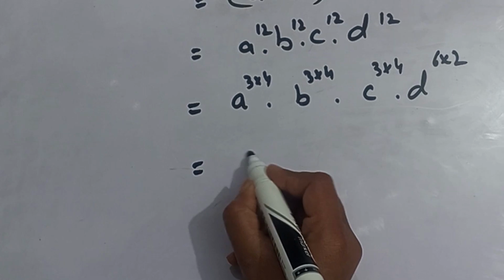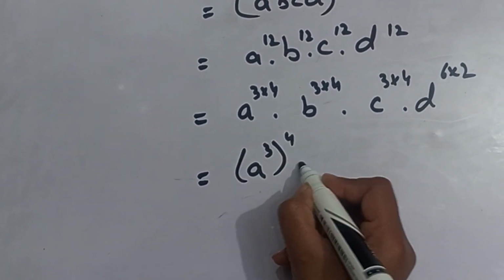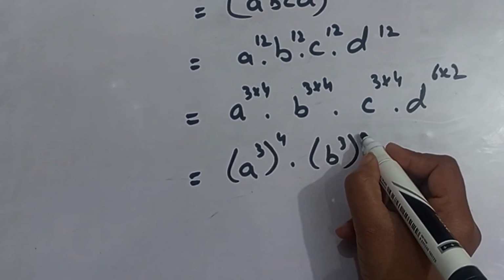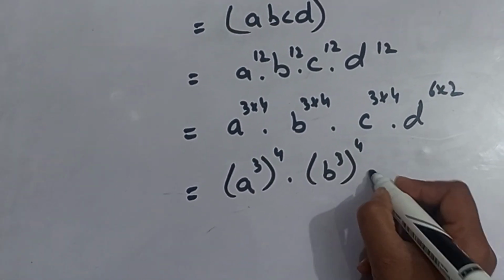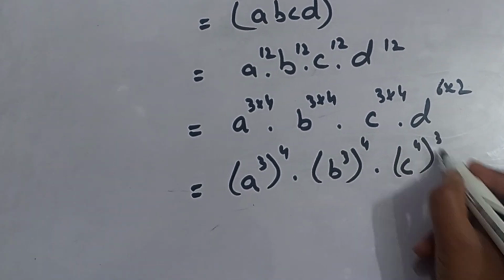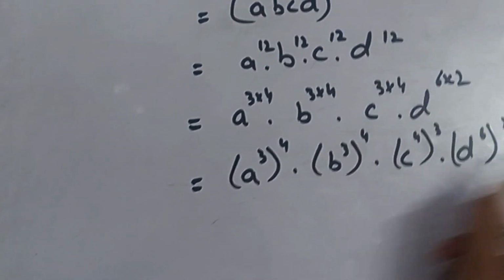We write this as a cube whole raised to the power 4, b cube whole raised to the power 4, c to the 4 whole raised to the power 3, and d to the 6 whole squared.